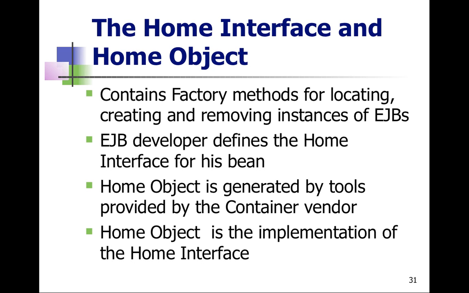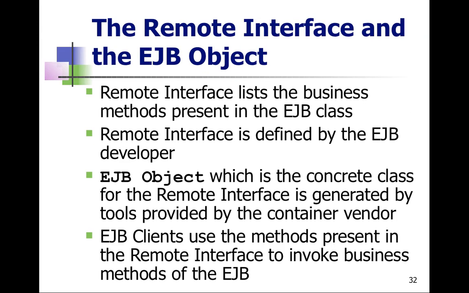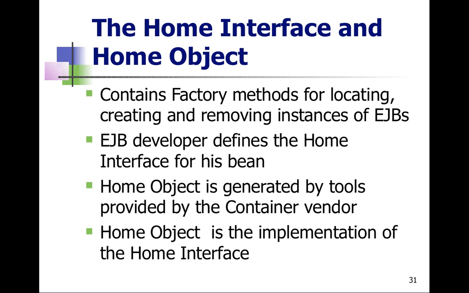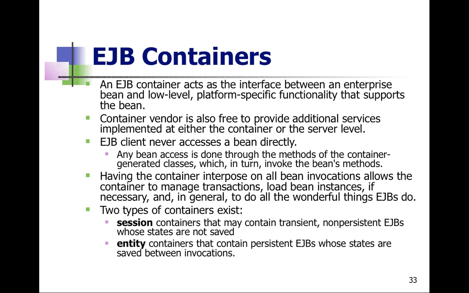So both of these two slides are pretty much saying the same thing about the objects, but just think: the remote object is providing the connectivity, and home is making the instances of those objects and managing the object life cycles that are being serviced by the remote objects.